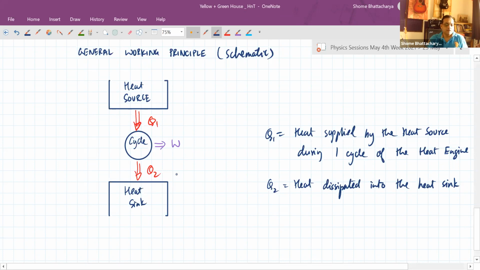So this is part of what we call second law of thermodynamics, that we cannot design a heat engine where 100% of heat supplied by the source is converted into mechanical work. There will always be a certain percentage of heat supplied from the source which is dissipated into the heat sink, which cannot be recovered or converted into mechanical work. So Q2 is the amount of heat dissipated into the heat sink during one cycle of the engine's operation.